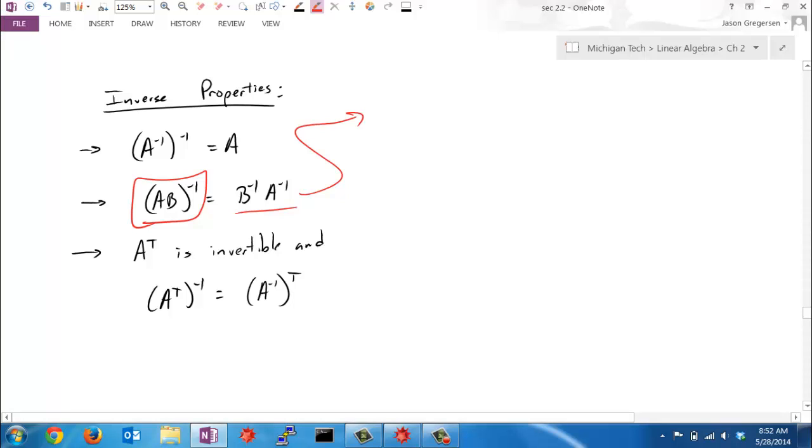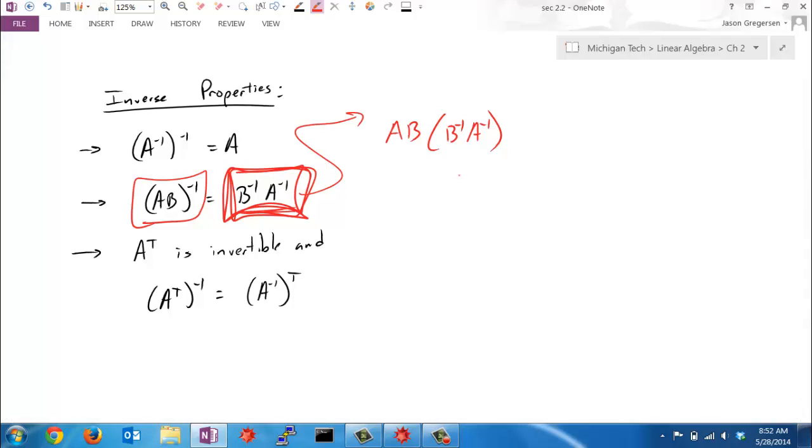It says the inverse of AB is this thing. To show that's true, all I need to do is say, if this is the inverse of AB, then AB times that thing should get me to identity. That's it. And of course I have to do that both ways: AB times this thing, and this thing times AB in the opposite order. So I have to do both orders. That's all I'm really trying to show.